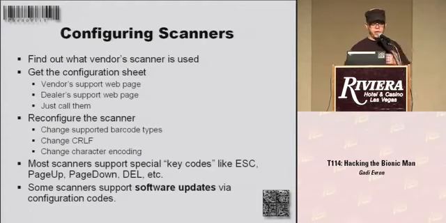So the system that used to only accept UPC, with a simple configuration, will suddenly accept pretty much everything you feed it. Not good. Some scanners actually support special key codes. This is cool when you have a cash register system that still runs on MS-DOS, for example.